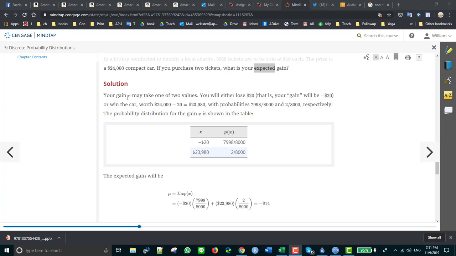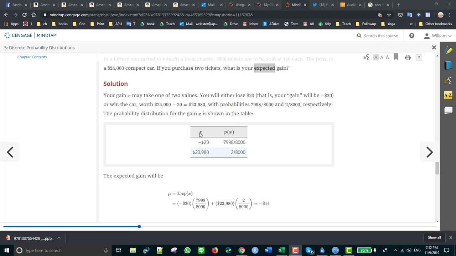They say your gain, we're going to call it x, is going to take on one of 2 possible values. And why are these the numbers? They say you will either lose $20. There's only 2 things that can happen after you buy these 2 tickets. One is that you don't win the car, and the other is that you do win the car. If you don't win the car, then you just paid $20, but you got nothing back, so you lost the $20.